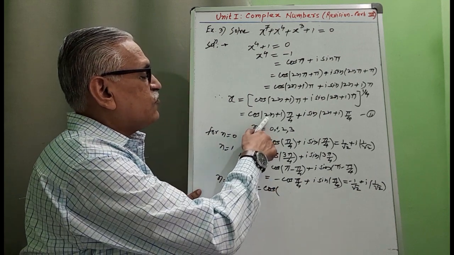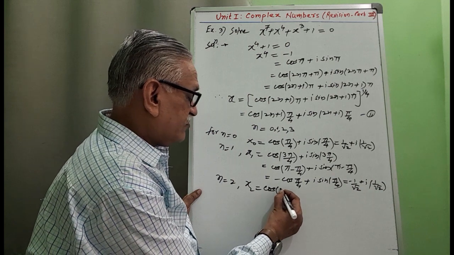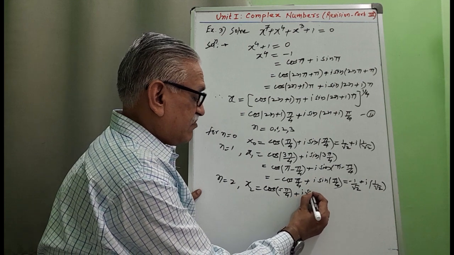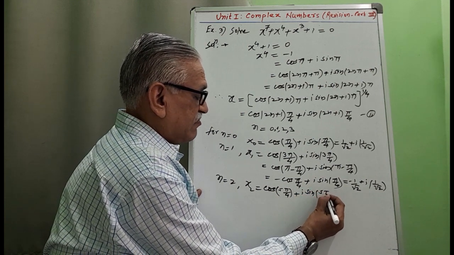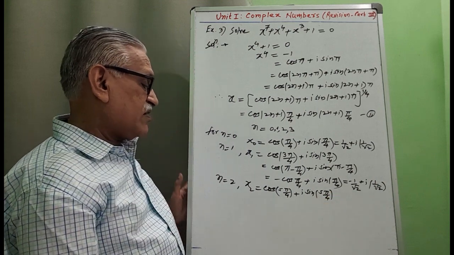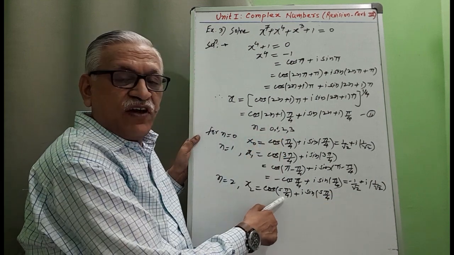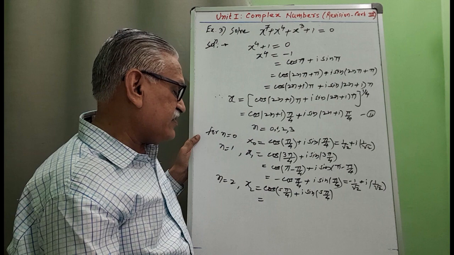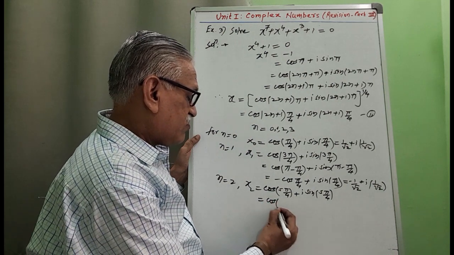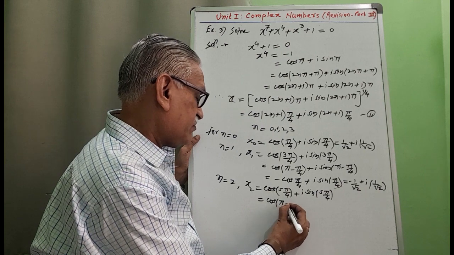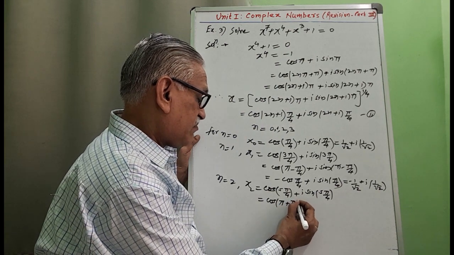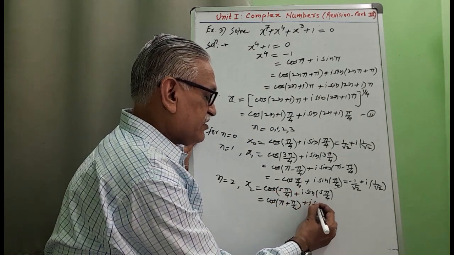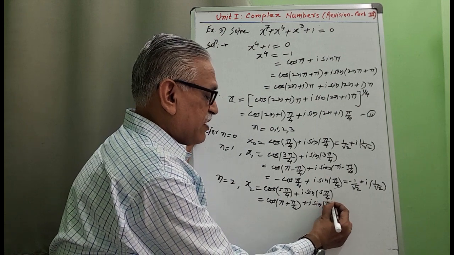For n equal to 2, we get x2, next root, cos of 2 times 2 plus 1, 5, we get cos of 5π by 4 plus i times sine of 5π by 4. That we can rewrite as cos of (π + π/4), 4π plus π, we get 5π by 4, and plus i times sine of (π + π/4).